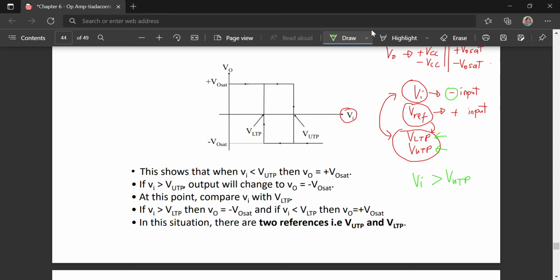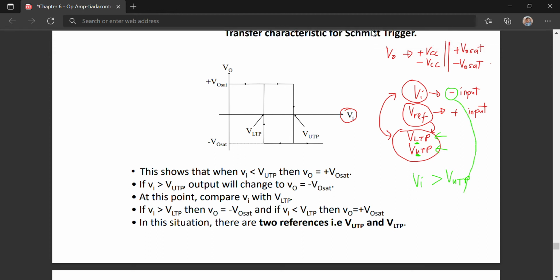Because this is the upper value, this is the lower value. So if you compare with the upper value, it will be as well as greater than the lower value, right? So when you compare with VUTP, if VIN is greater, since VIN is connected to the negative part, your output VOUT will be negative. And then if you have VIN less than VLTP, your VOUT is positive.